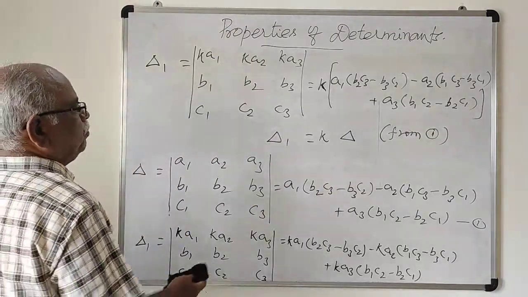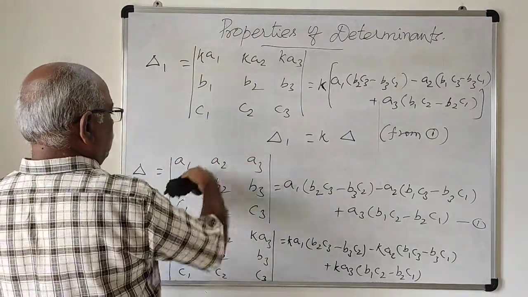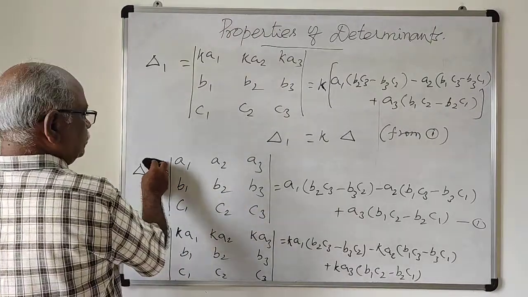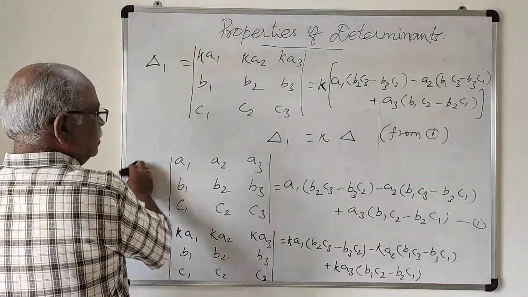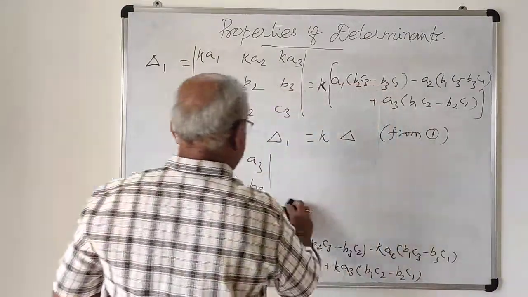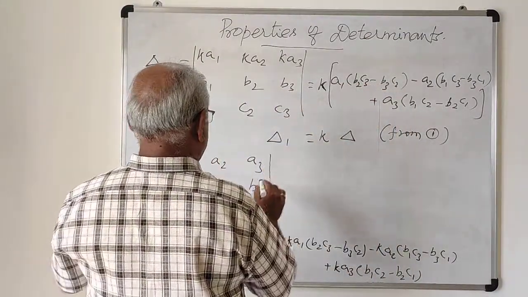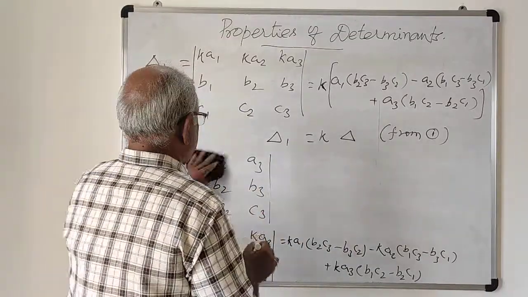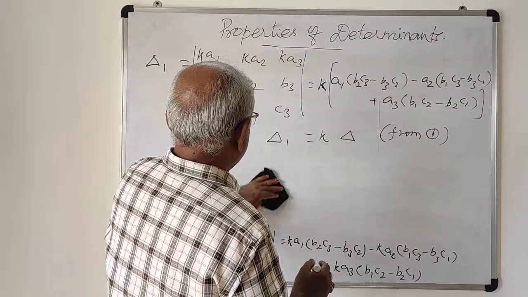That is delta. From this expression I can get delta 1. This is delta 1 on the right hand side. What is delta 1?